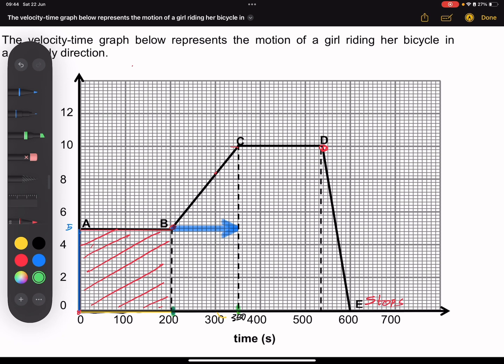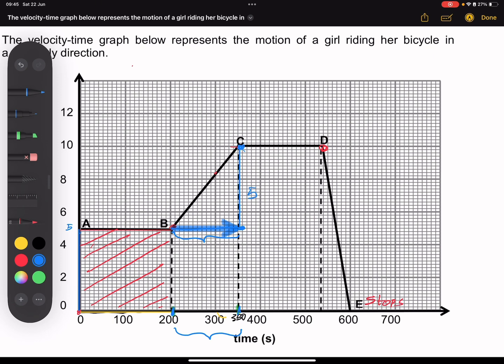How big would that be? From 200 to 350, that would be 150. But what would be the perpendicular height? It was from 5 all the way up until 10 meters per second. So our perpendicular height for our triangle is 5.